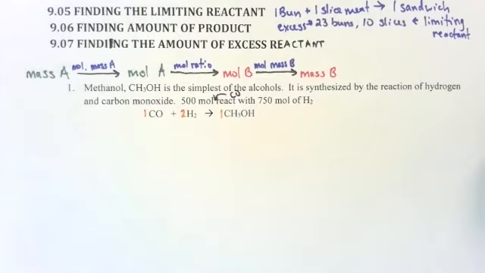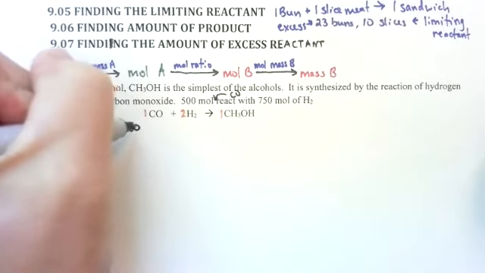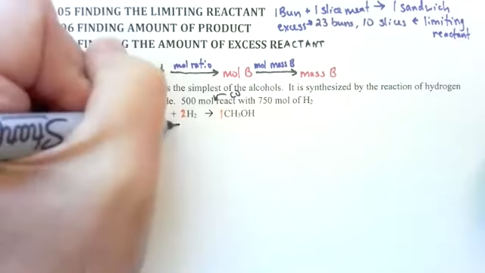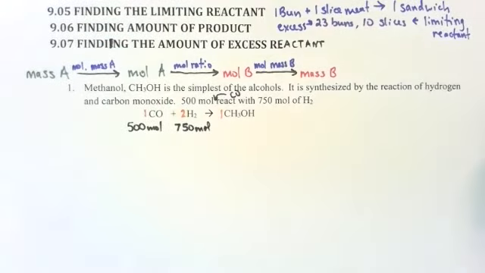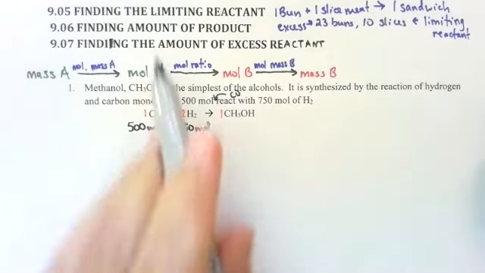One of the things I like to do is jot down underneath my equation what I'm starting with. So I have 500 moles of carbon monoxide, and I have 750 moles of hydrogen gas. What I want to know is which one of these is going to be my limiting reactant. So we are solving for the limiting reactant.